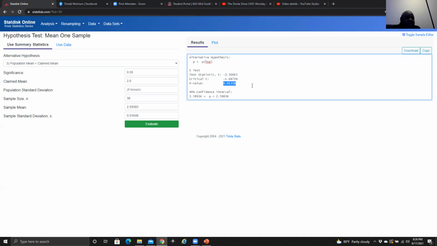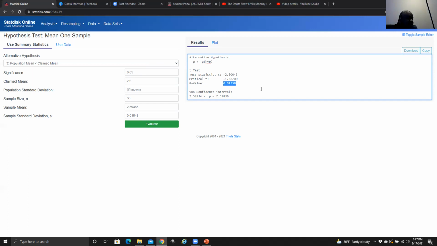All right, compare the p-value with your level of significance. If this p-value is less than your level of significance, reject the null hypothesis. So as you can see here, this p-value of 0.0136 is less than 0.05. So here we can reject the null hypothesis.